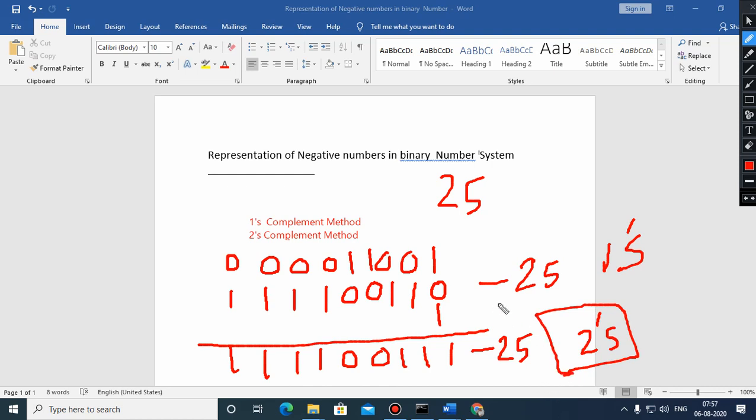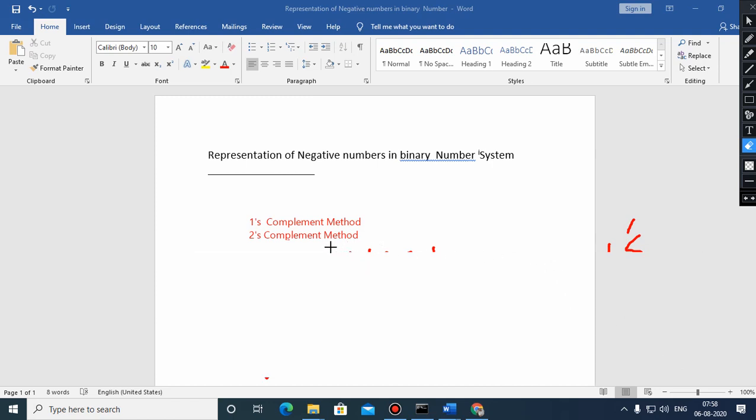Now, the question is, what is the use of 1's complement and 2's complement method? So children, actually, most of the time the PC uses only an adder circuit, and in most of the cases only an adder circuit is there on the motherboard.